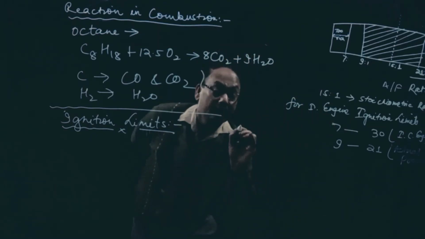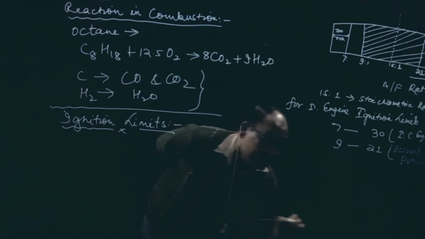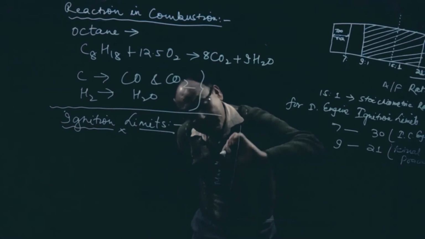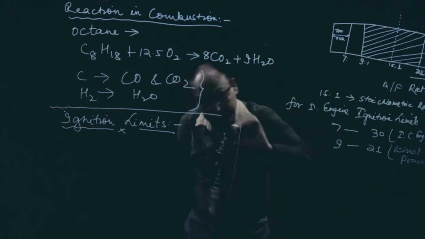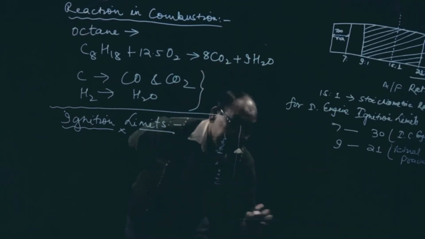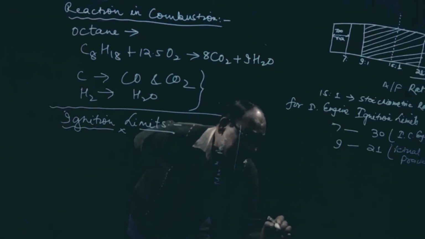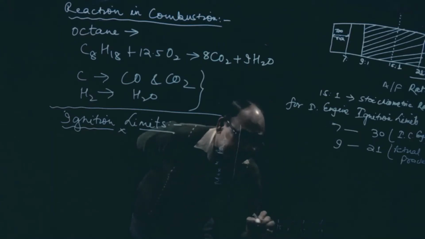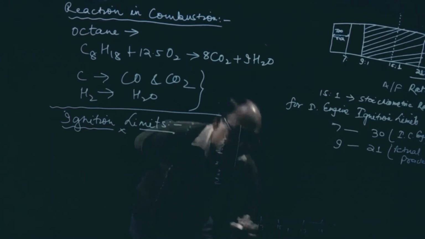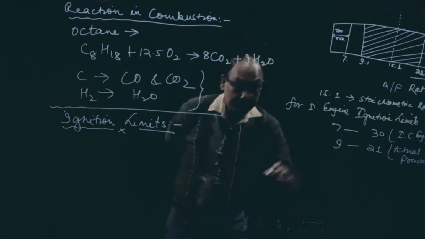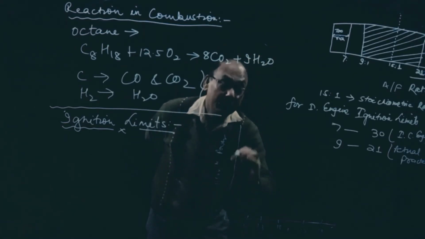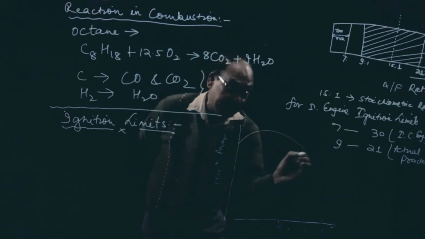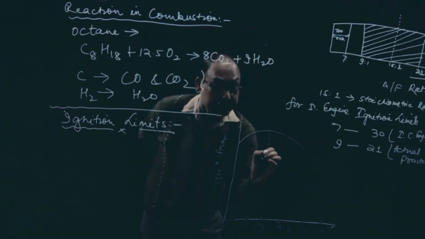Now see, best power, maximum power. Suppose this is 15:1, this is 17:1 or 19:1, here it is 13:1 and this is 11. If you take maximum power, when the air fuel ratio is near about 13, this is maximum power.